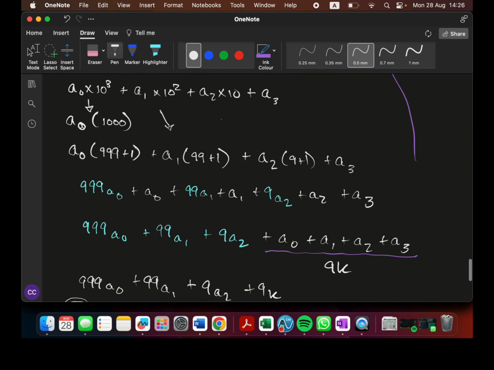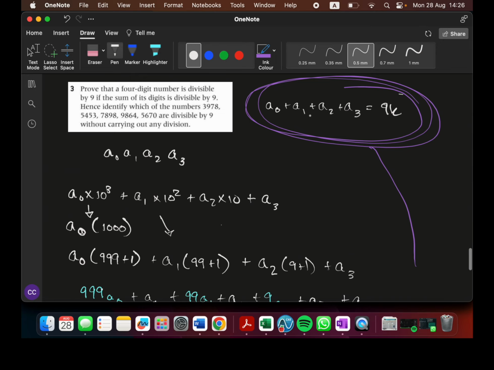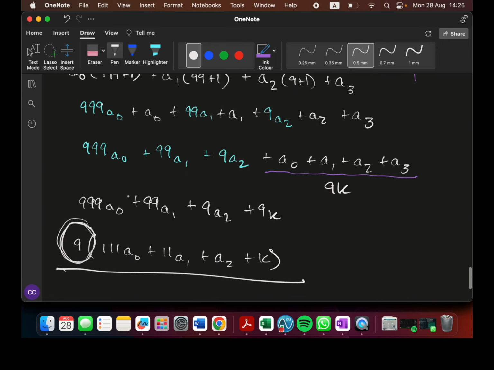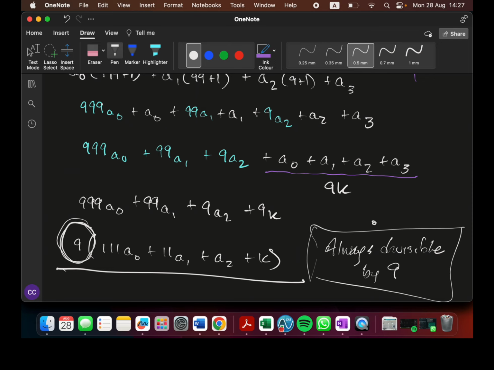So, again, we set up with the rules that they had, we have that as 9K, we wrote these out, and I pulled apart that 1,000 to be 999 plus 1. Then I expanded, and therefore this thing is always divisible by 9.